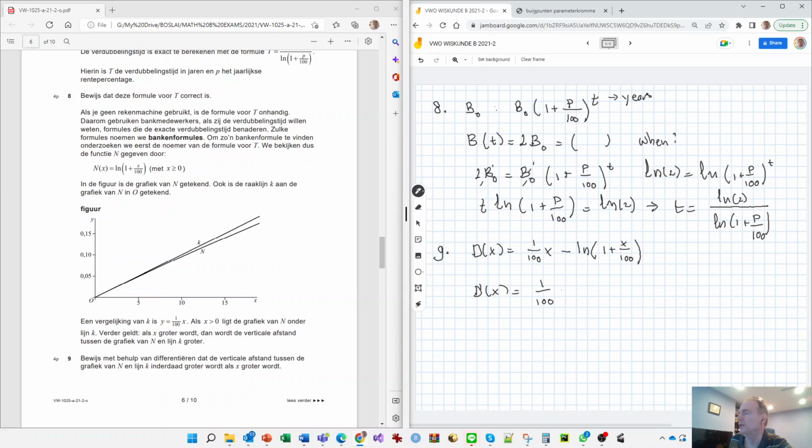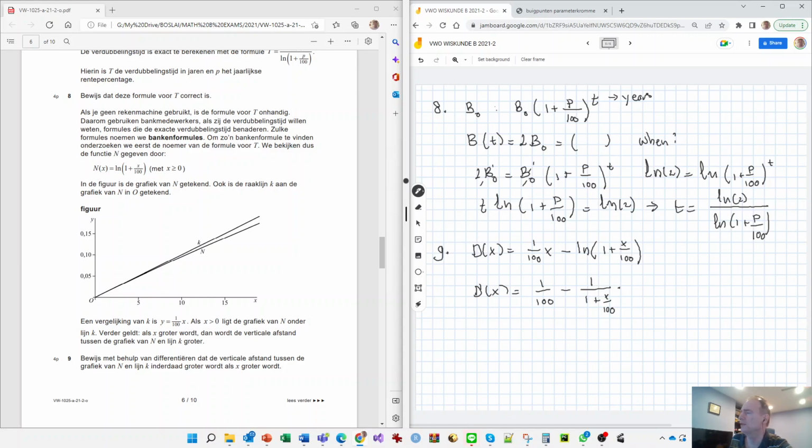So we get minus 1 over 1 plus x over 100 and times the chain rule.